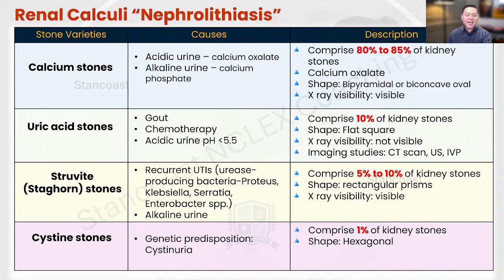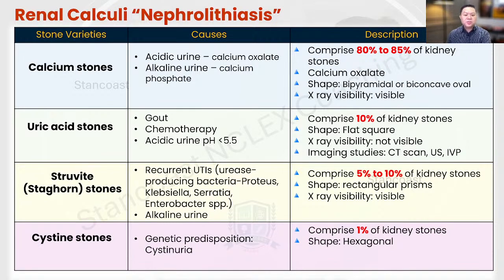Now, please take note, guys, of the disease progression and, of course, the growth of the stone, especially when the stones are larger than 1 centimeter, they are not likely to pass on their own. This is the kind of size that would really get stuck in the small passageway, especially the ureter.